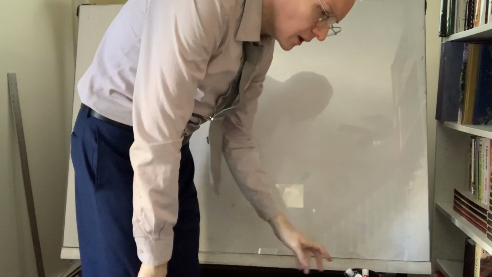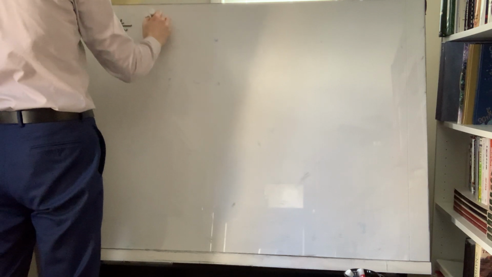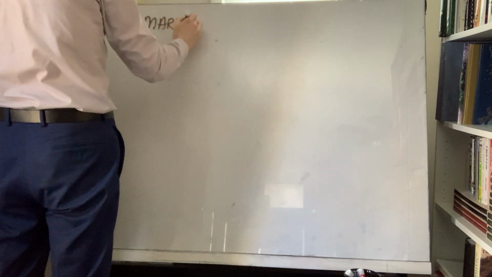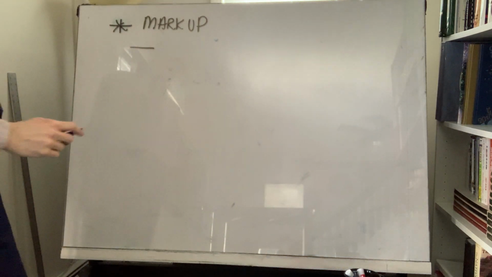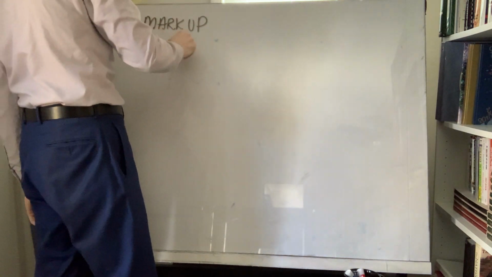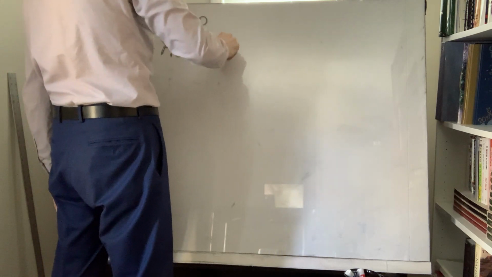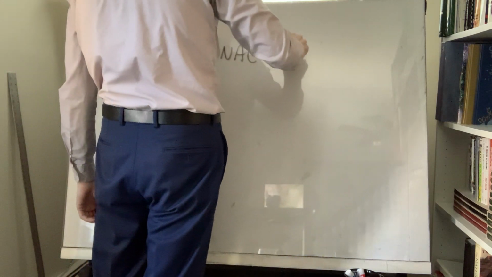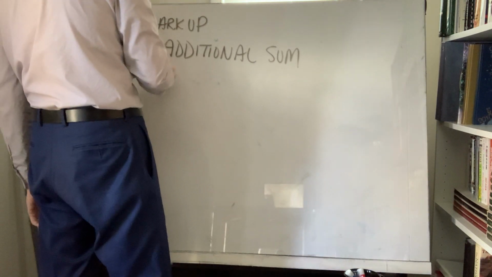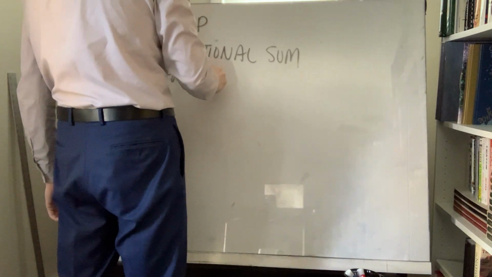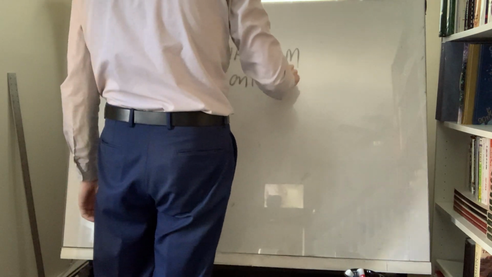A little background about markup. I had alluded to this maybe a couple of classes ago. What is markup? Markup is essentially an added cost, an additional sum, tacked onto the price of something.